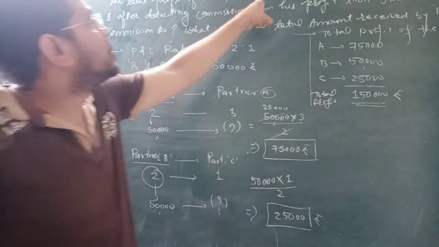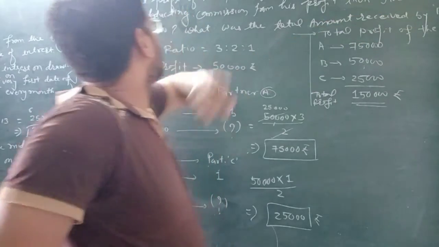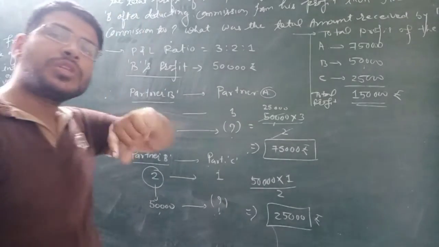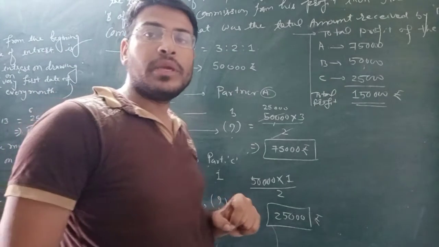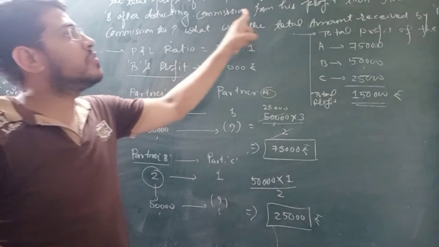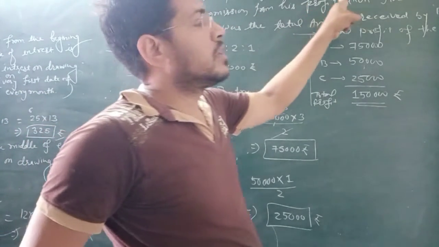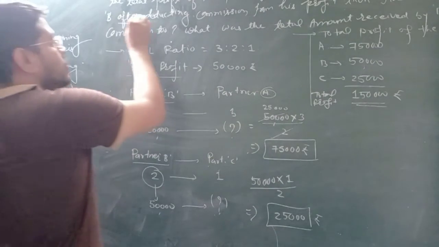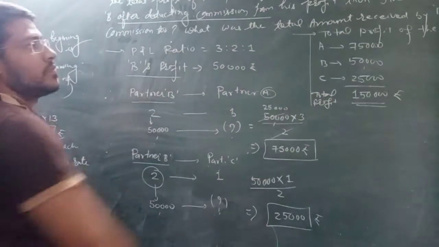If commission is payable to partner B, and it is given that it is after deducting the commission from his profit, this is the most important thing that we have to understand.